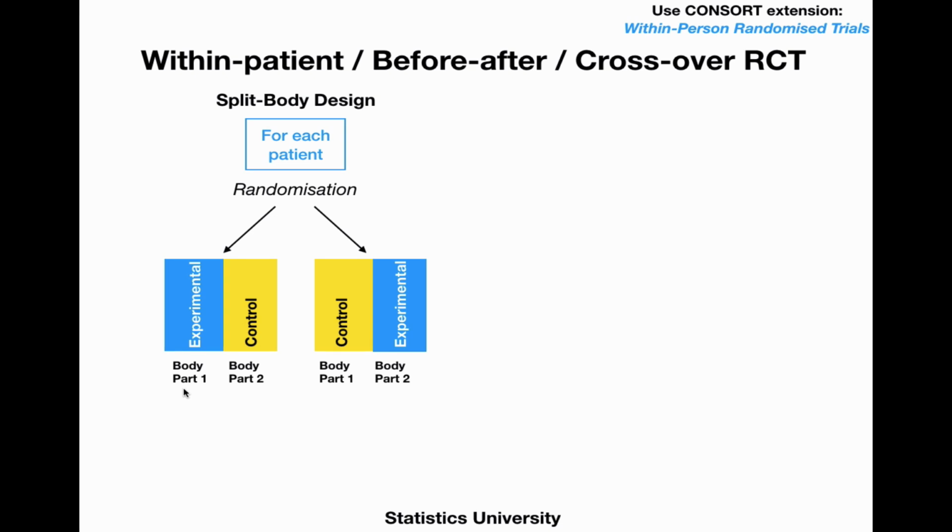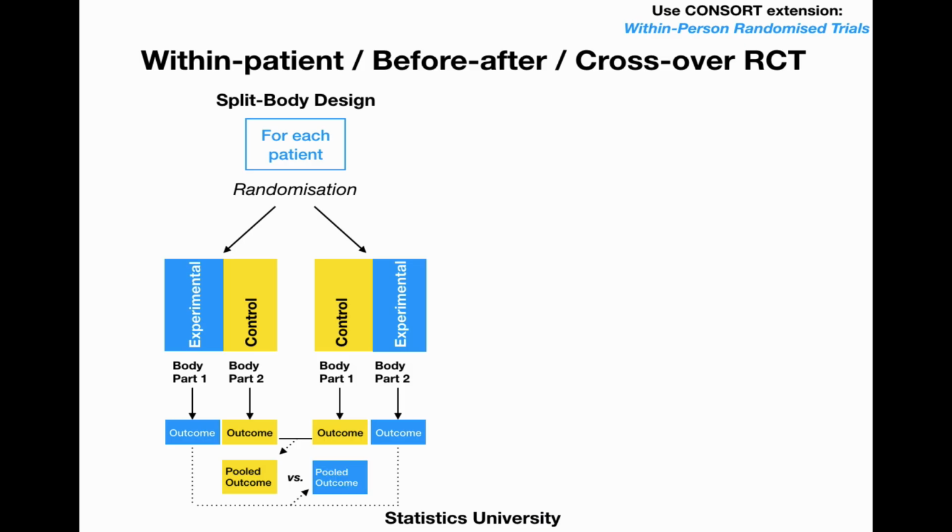So a patient could end up with the assignment of body part 1 to the experimental therapy and body part 2 to the control therapy, or the reverse. And eventually we assess the outcome in both body parts, and then we pool the outcome over all the patients for the body parts assigned to the control therapy and the body parts assigned to the experimental therapy. And that's how we can compare the pooled outcomes of control and experimental therapies.